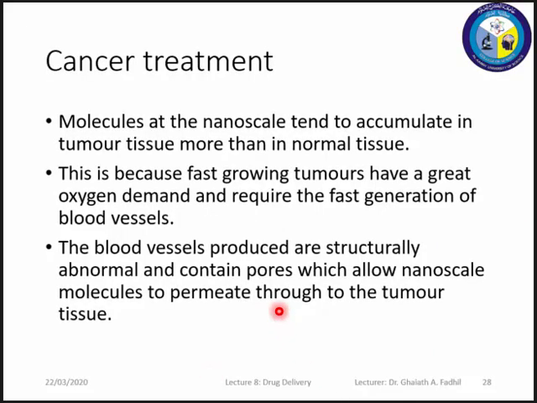So for applications of drug delivery, we have cancer treatment, which is the most aimed at one because it's so fatal to humanity. One of the characteristics of cancer is that molecules accumulate at the tumor tissue more than the normal tissue.